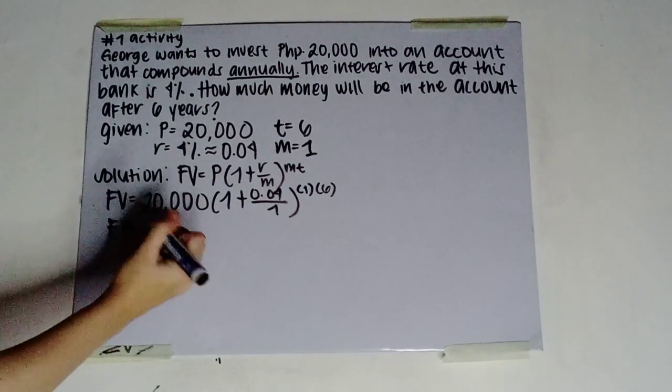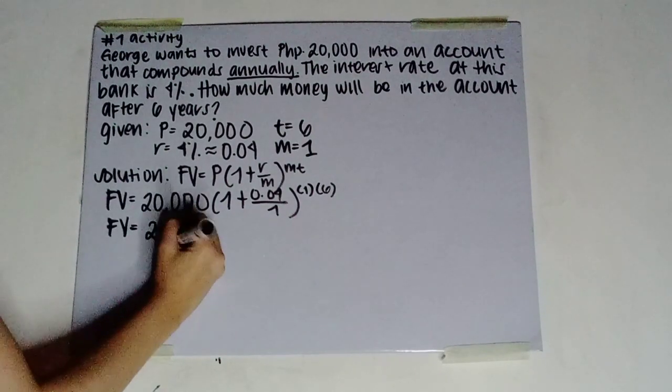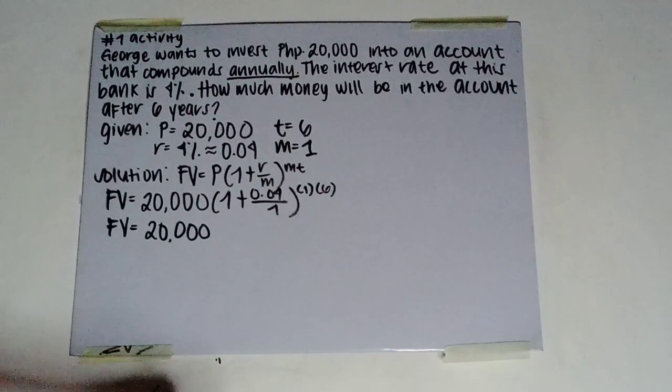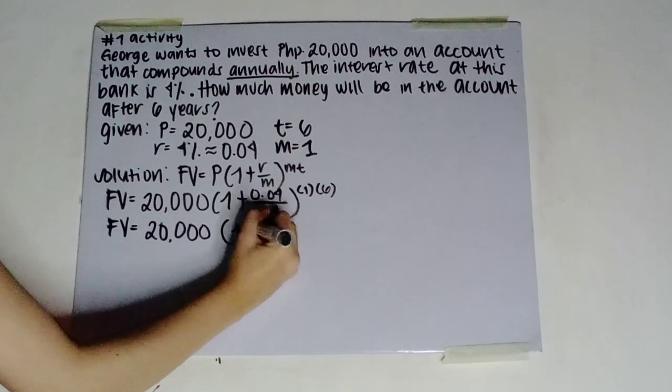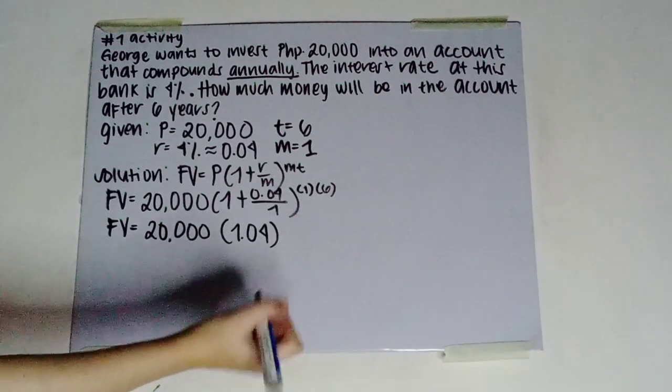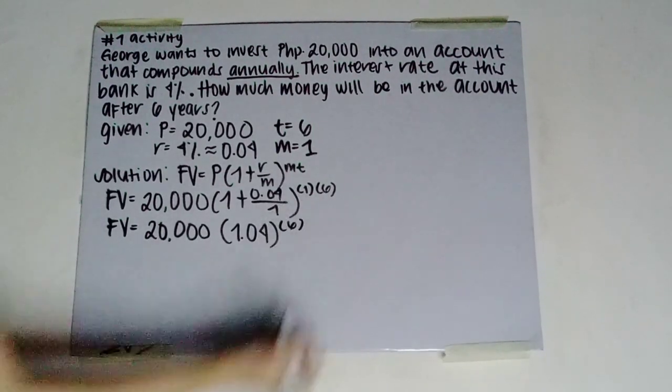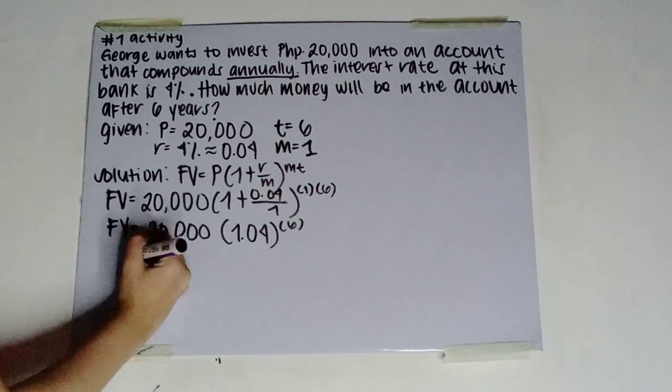So FV is equal to 20,000 pesos times 1 plus 0.04 divided by 1, which is equal to 1.04. And 1 times 6 is equal to 6.